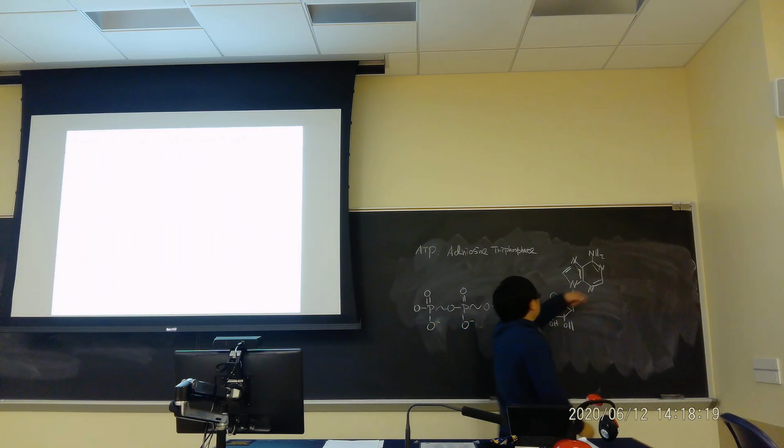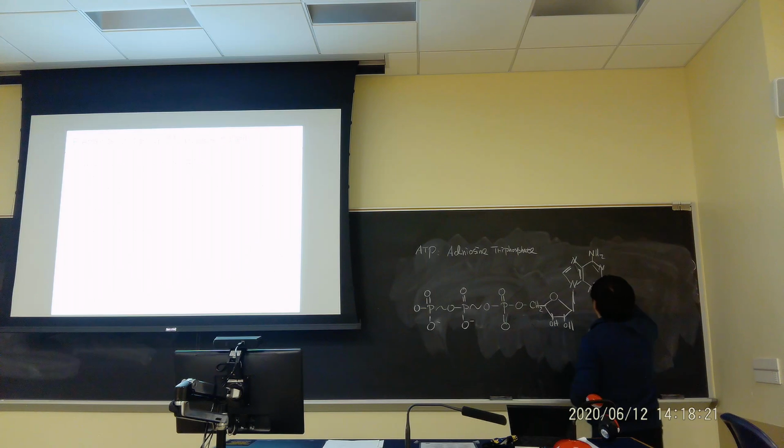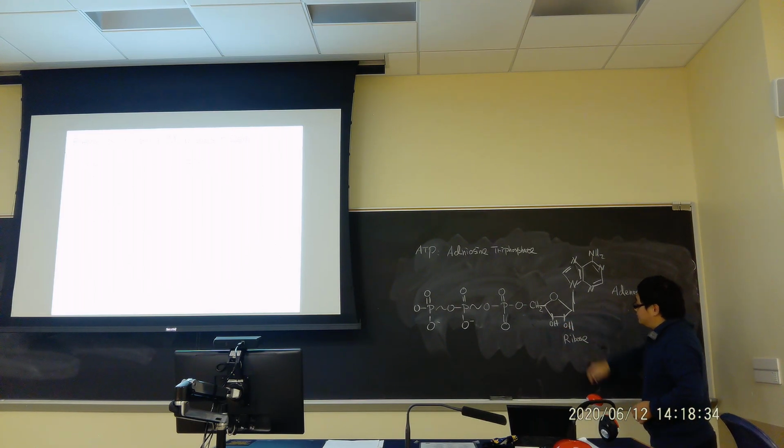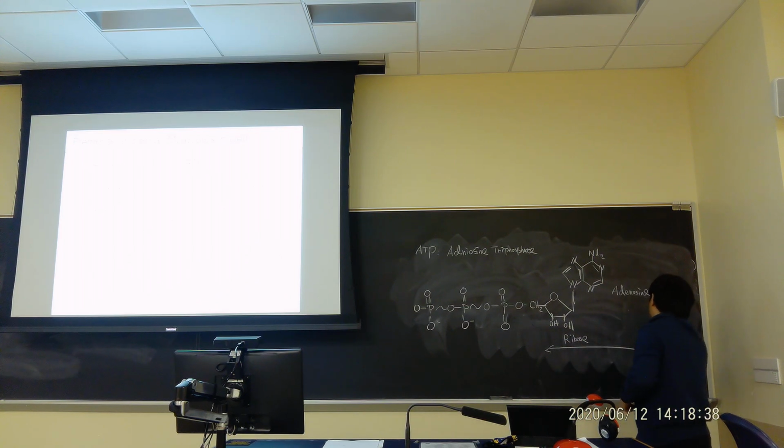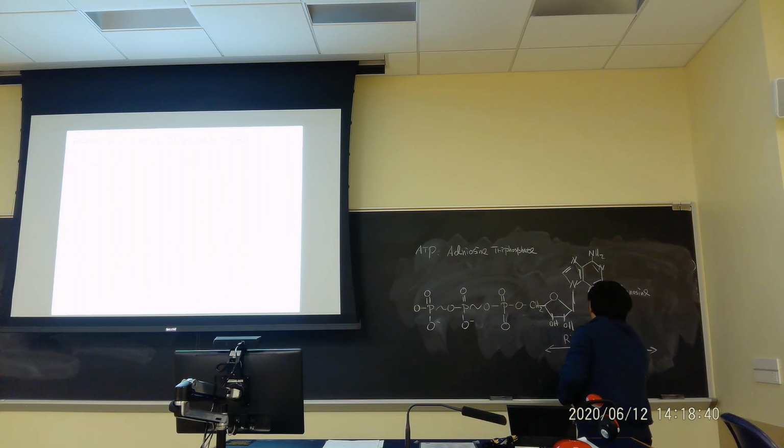Okay, so what is this guy? This is called adenosine. What is this guy? Ribose. Okay, if we take one O, that means deoxyribose. Okay, what is this one called? That's called adenosine.